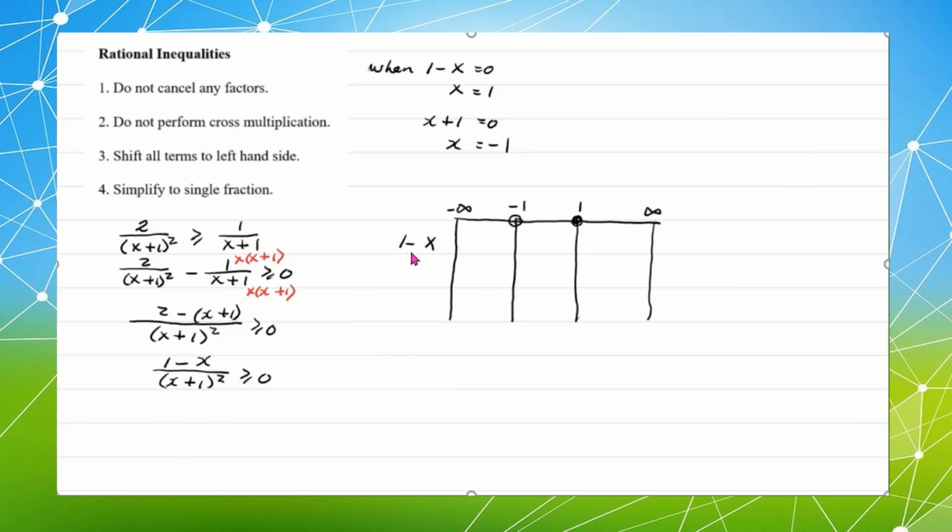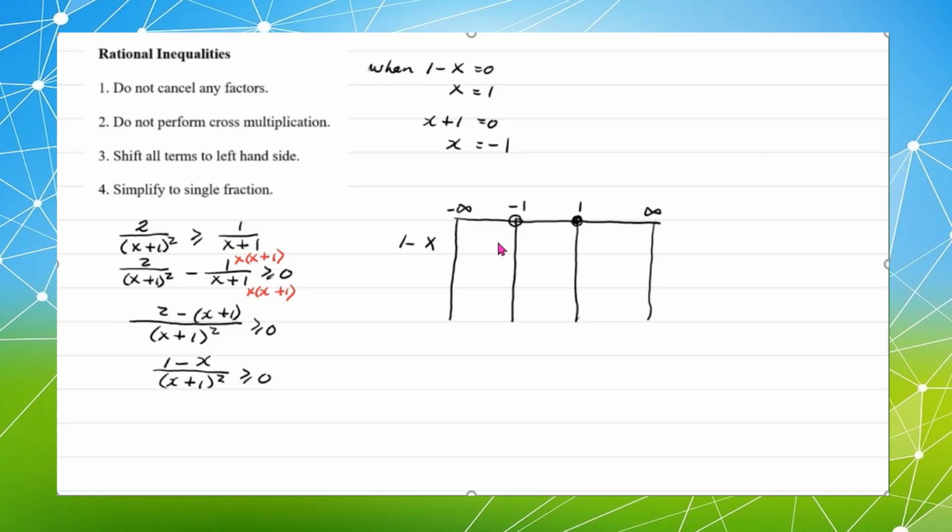We need to test the value of 1 minus x in the interval where x is less than negative 1. To do this, just pick one value of x in this interval, which is less than negative 1. Let's say we choose x equals -2.